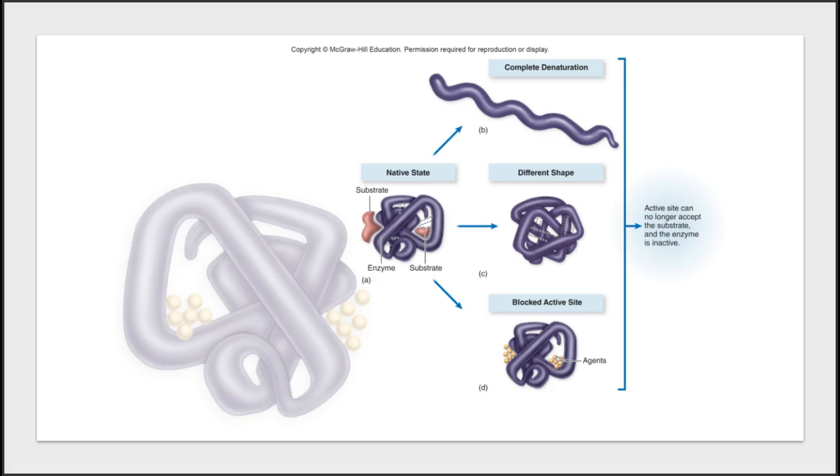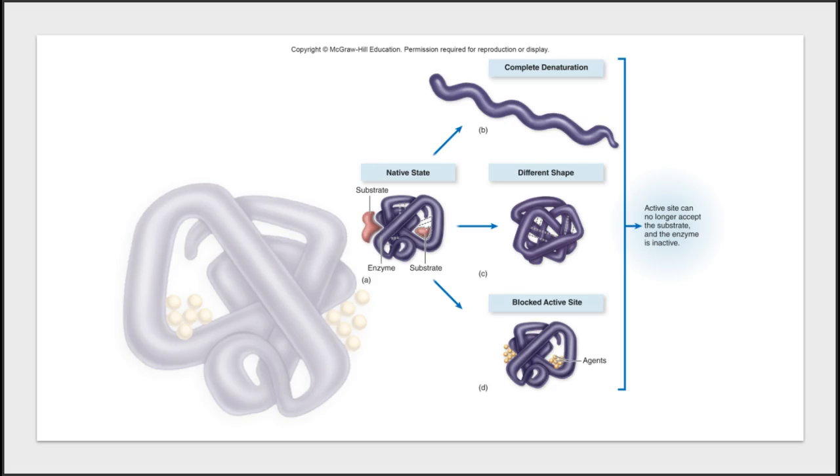So this image is also from your text, and this illustrates how certain chemical agents can impact proteins and enzymes within cells. Hopefully by now you're familiar with the native state, right? This is the state of the enzyme or the protein that makes it effective and active.